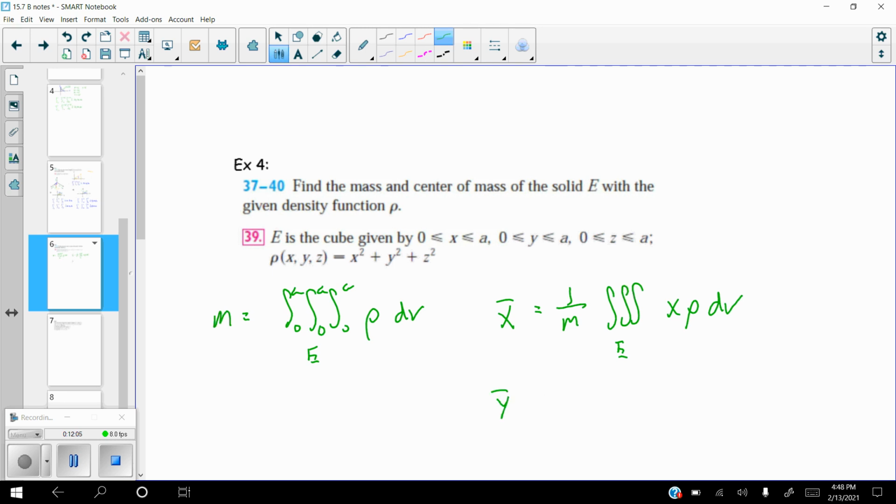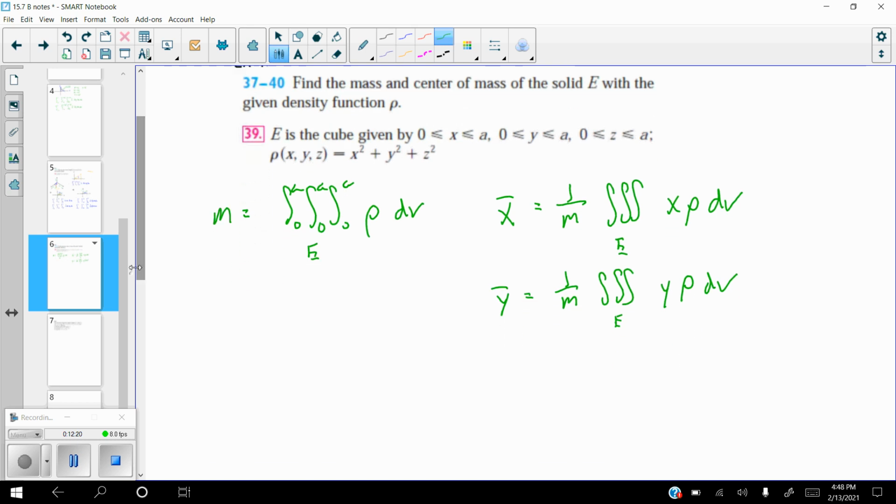Similarly, y bar is going to be 1 over the mass, because you always have to divide by the mass, of the triple integral over E of y rho dV. And I'm pretty sure you can guess what z bar is going to be: 1 over the mass, triple integral over E of z rho dV.